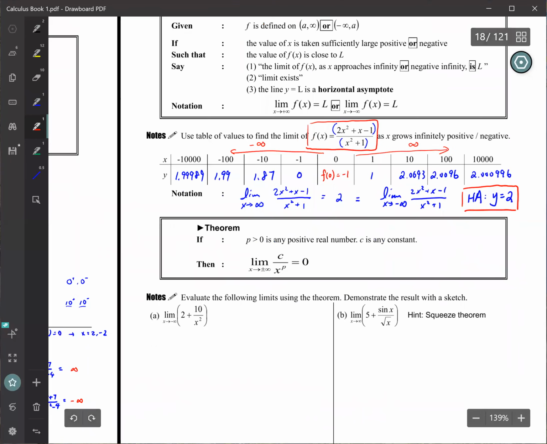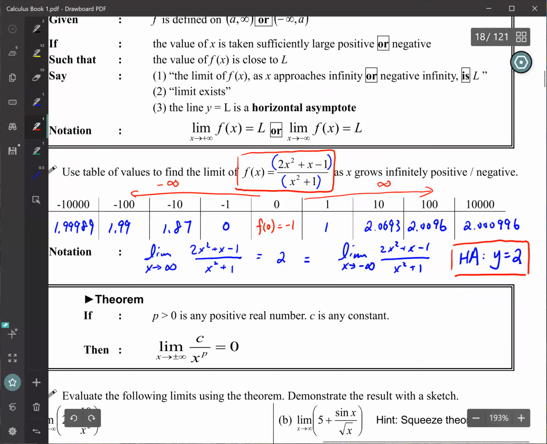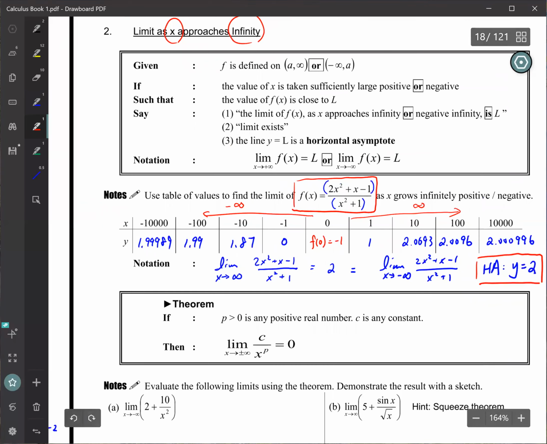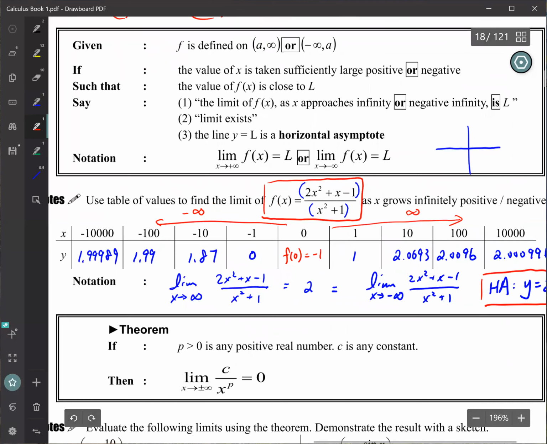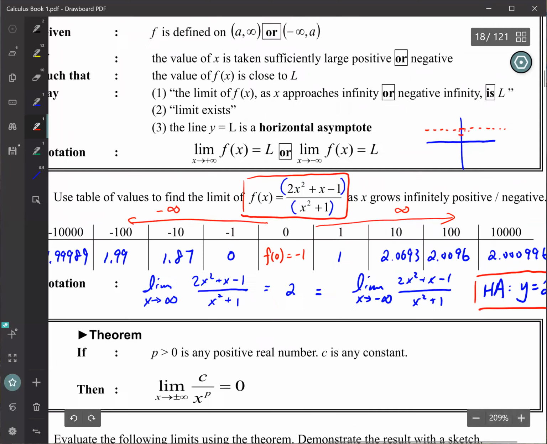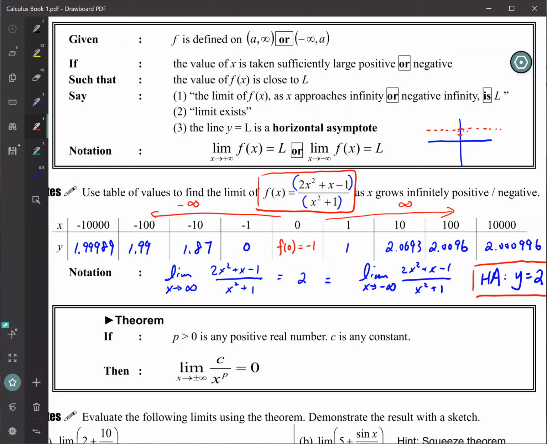So on the graph, let's find a little space on the top. It will look like this. Horizontal asymptote is at 2. And then approaching on the right side is above, higher than 2, so it'll be coming from the top.